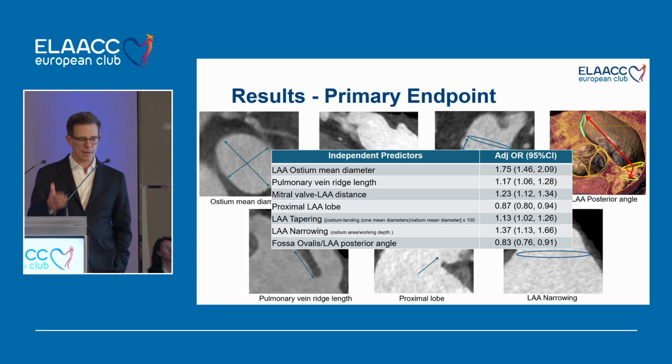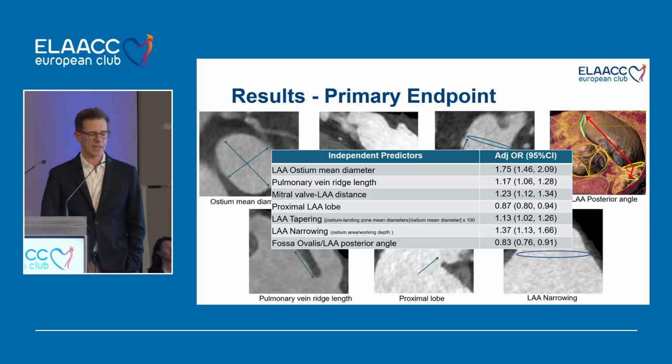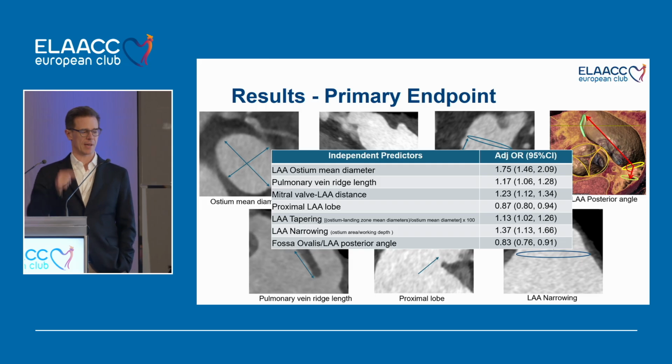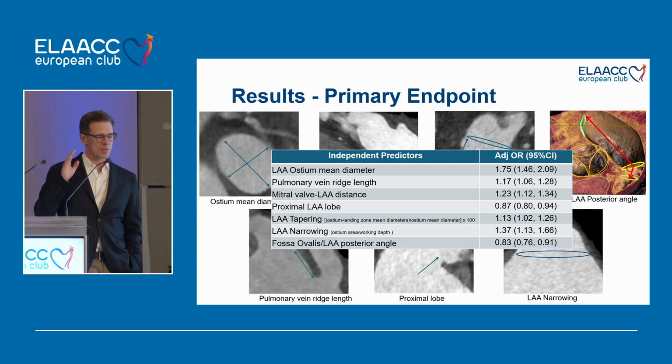So regarding the primary endpoint, we were able to find independent predictors for that. First, LA osteo mean diameter was associated with a 1.75 increased risk for the primary endpoint, and pulmonary vein ridge length was also significantly increased, mitral valve to LA distance as well, proximal LAA lobe as well, but inversely.